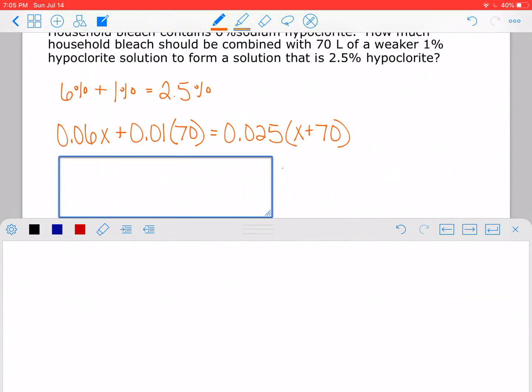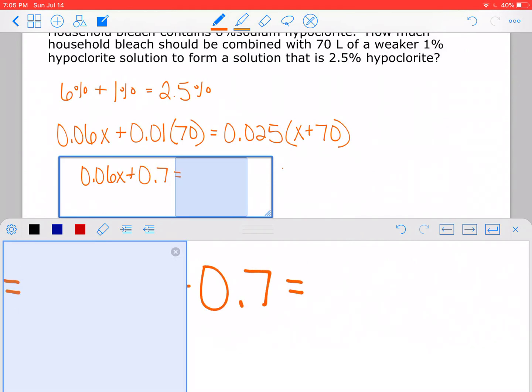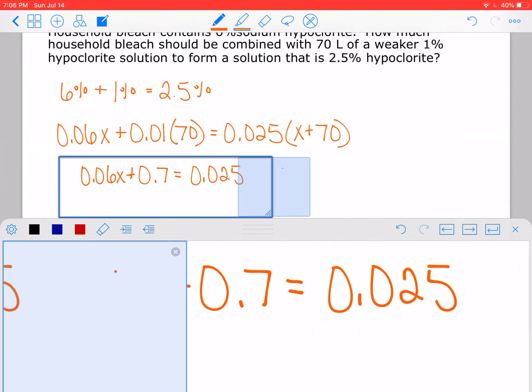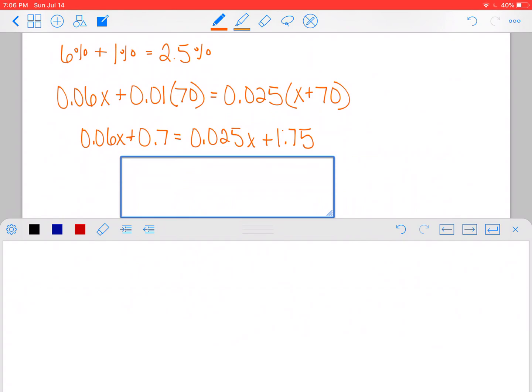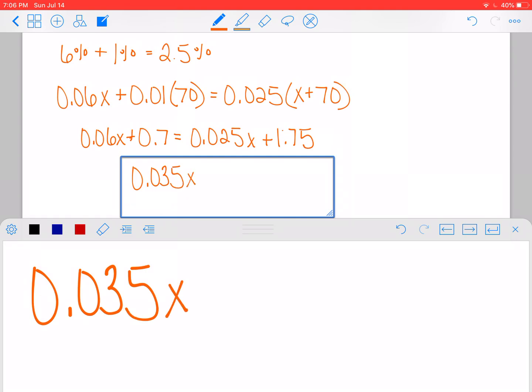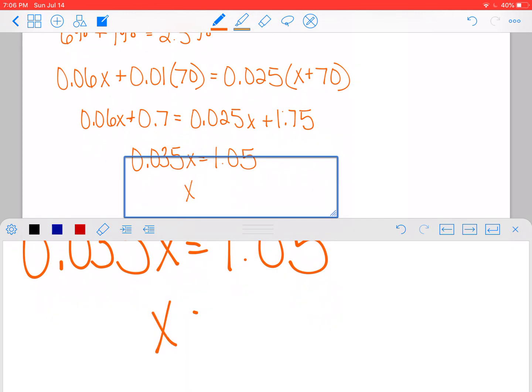And then we go and we solve for X. Multiply there. Distribute. I'm going to subtract 0.025x from both sides and subtract 0.7 from both sides. We've already solved equations, so I don't feel like I need to show every single step here, but you can if it helps.